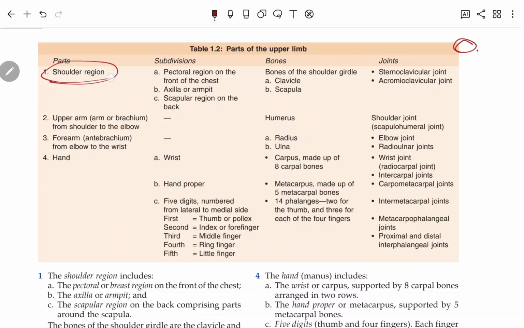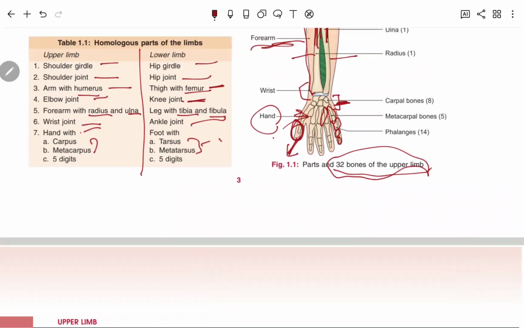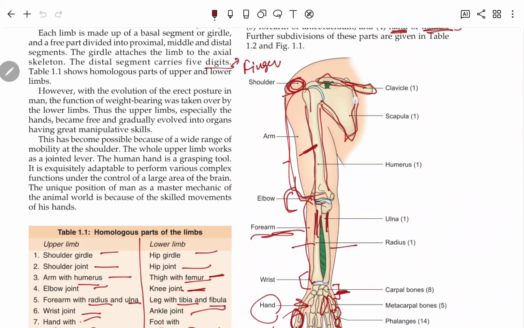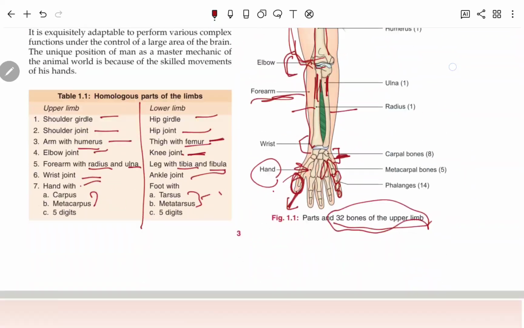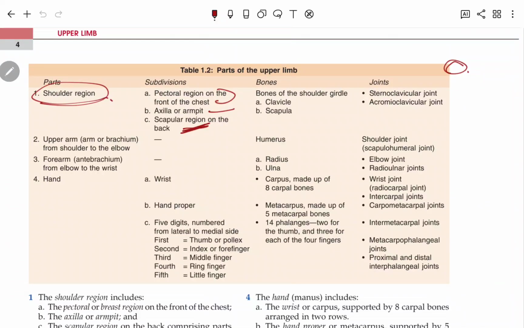In the shoulder region we have the pectoral region on the front of the chest, the axilla or armpit, and the scapular region at the back, where the scapula is the wing bone. Bones of the shoulder girdle are the clavicle and scapula, and the joints are the sternoclavicular and acromioclavicular.